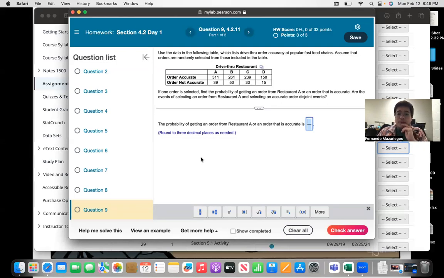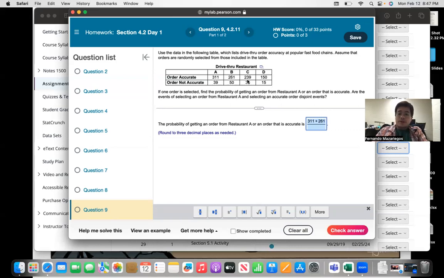So in how many of these 8 boxes do we have either an order from restaurant A or an order that is accurate? Well, this first one, 311, that is both from restaurant A or accurate. So we consider that. This 261, that is accurate.